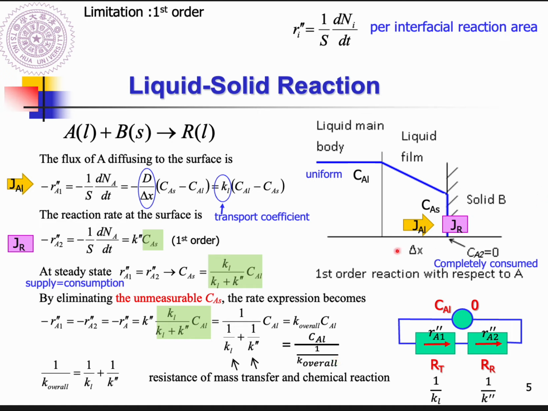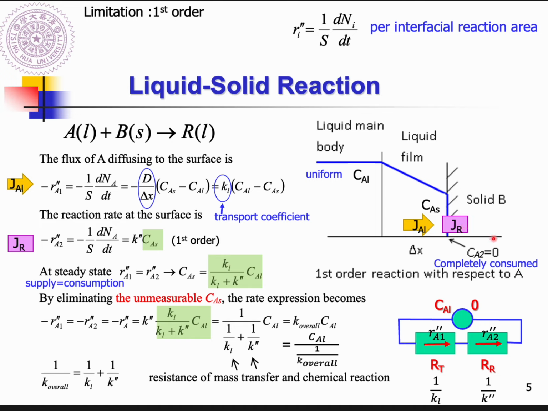So from an experimental point of view, in the beginning, if you want to deal with this type of reaction, I would suggest you add a tiny amount of reactant A to make sure that reactant A on the surface of solid B is almost consumed completely.